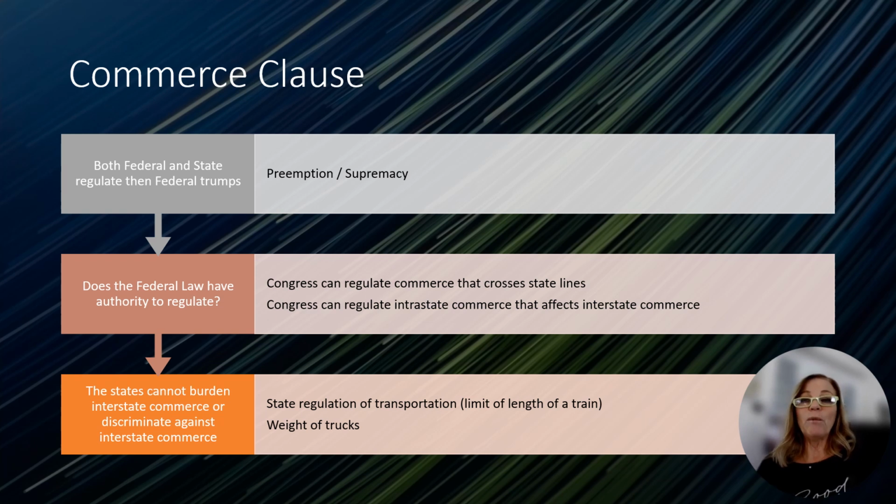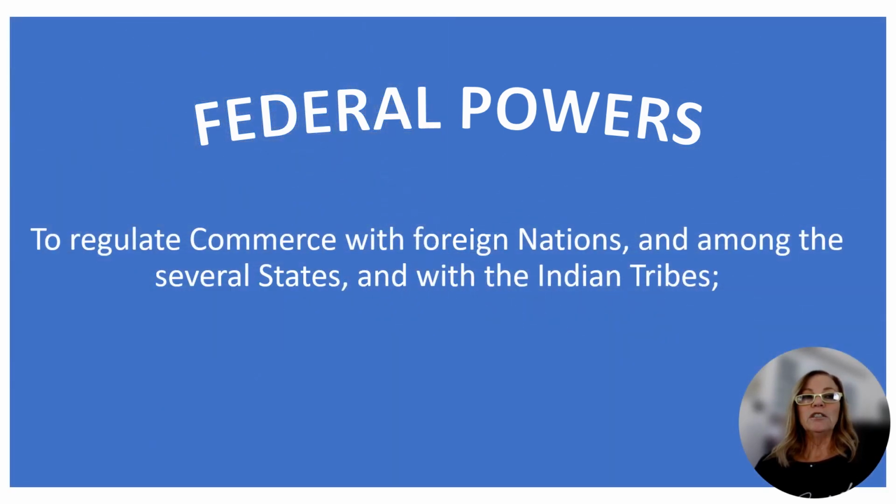So if they do state regulations, even though their regulation is only in their state, if it puts a burden on interstate commerce, the federal government can trump that and say, no, we're not going to let you do that. So the federal powers are to regulate commerce with foreign nations, among the several states, and with the Indian tribes. And we're going to talk about that "among."